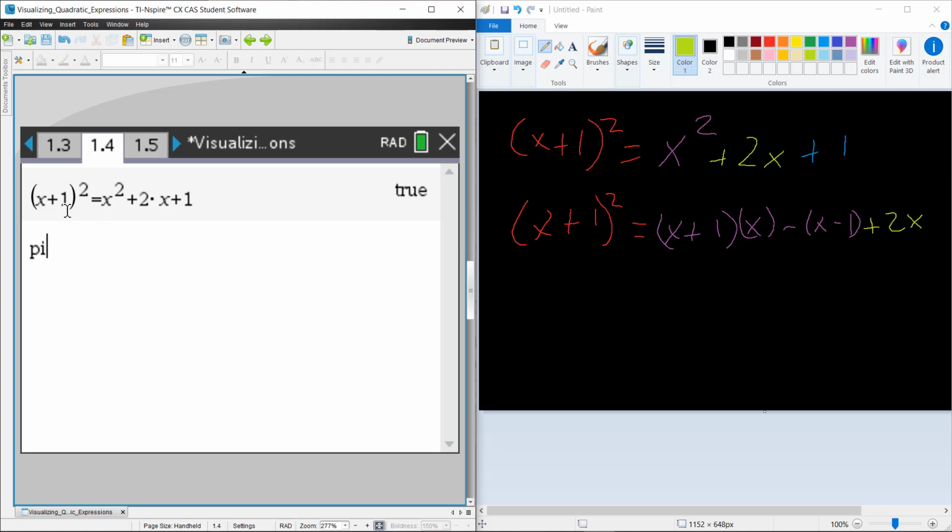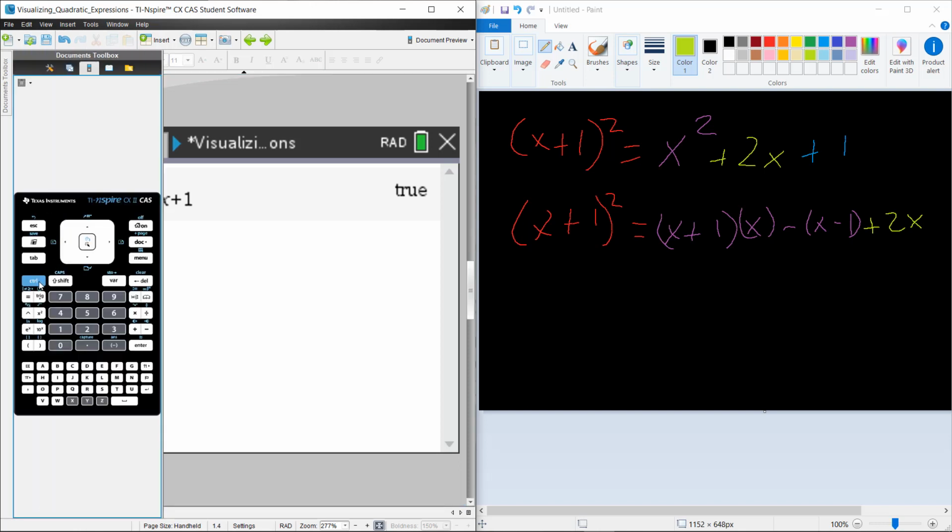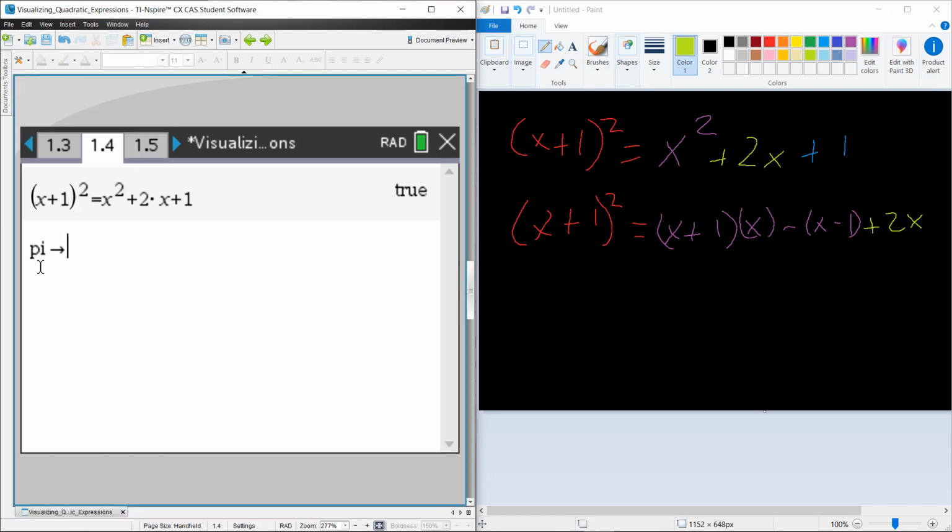Just some decimal value is totally fine. So I'm going to store this using control and the var key. Control and the var key gets me the STO, store operator. So I'm going to get that, and I'm going to store pi into the variable x.